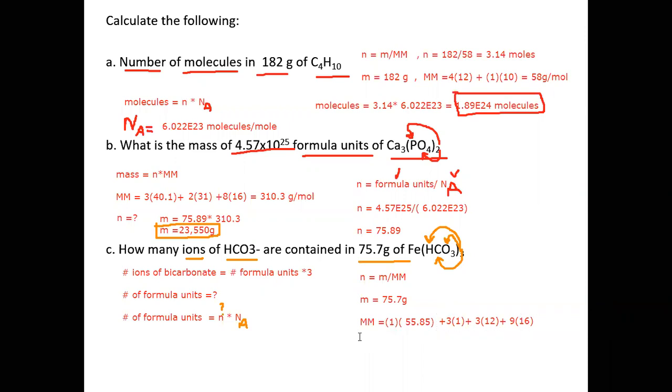And so the molar mass is 238.85 grams per mole. Let me double check.